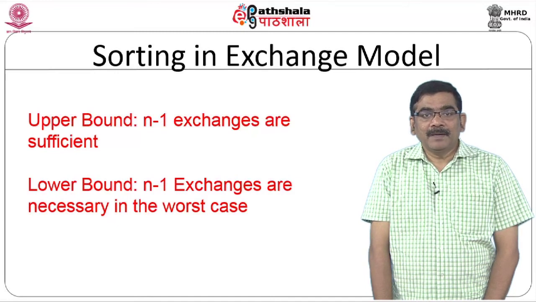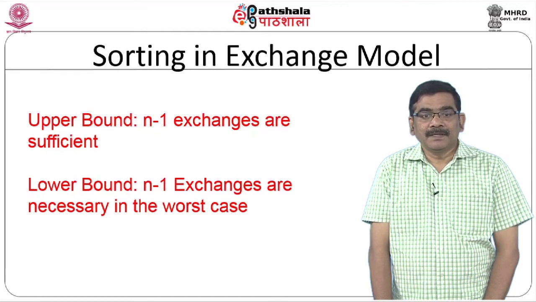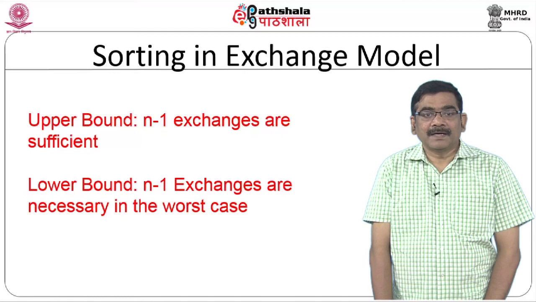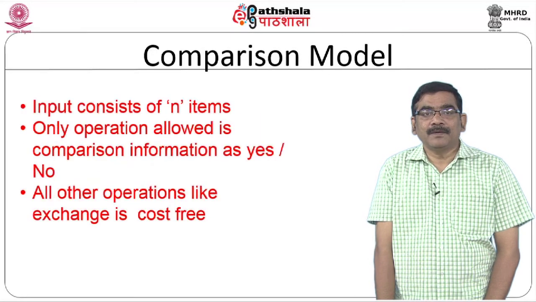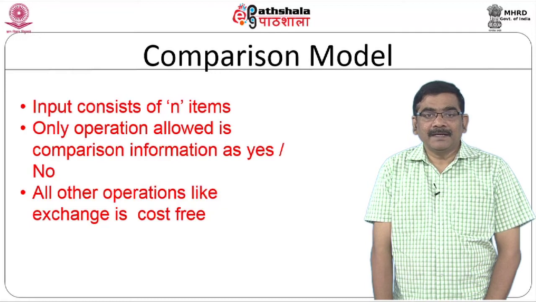What is the lower bound? Fine, minimum n minus 1 exchanges are required to carry out sorting. Therefore, we can say that the lower bound and upper bound are both n minus 1 for sorting. This is one model. Similarly, we can also find other models.